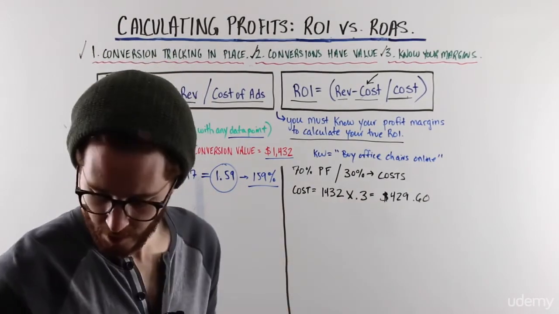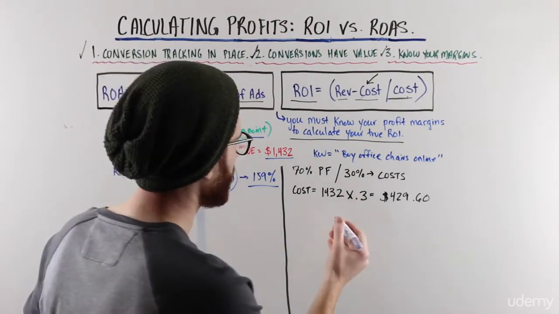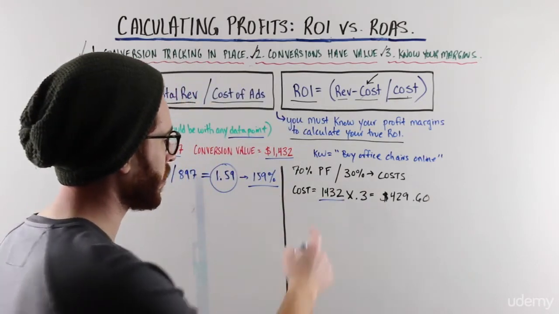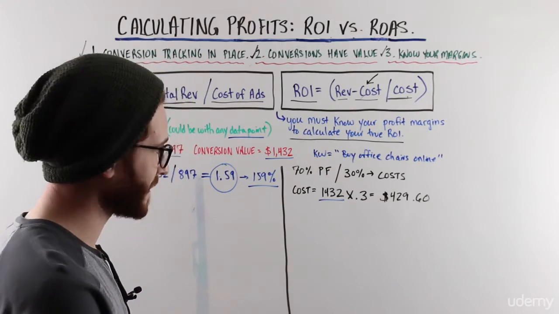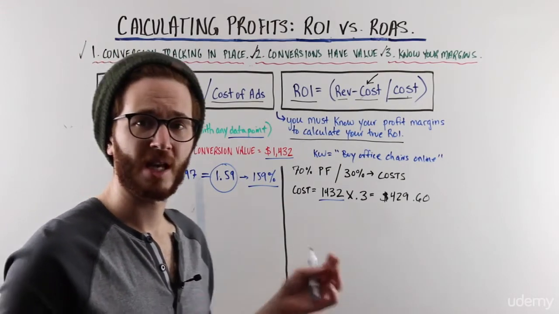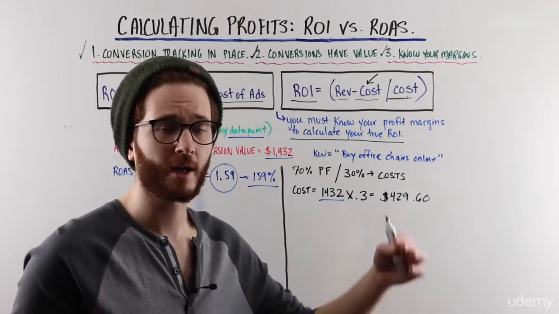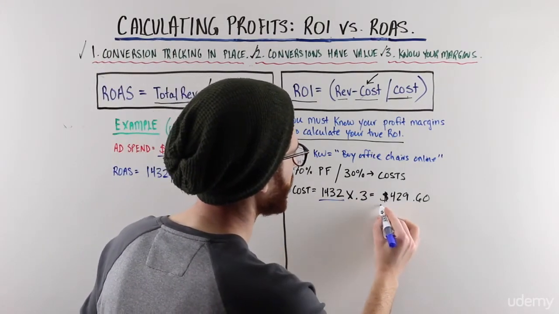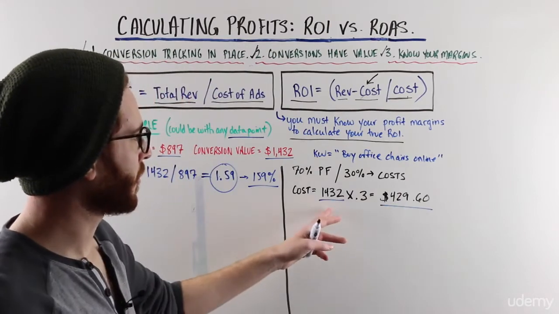What we're saying is, in this total revenue, our AdWords account told us that we made $1,432 from our ads. But because I know that 30% of that goes to servicing the client or whatever it is, it's not profit, we need to take out $429.60 from 1432.